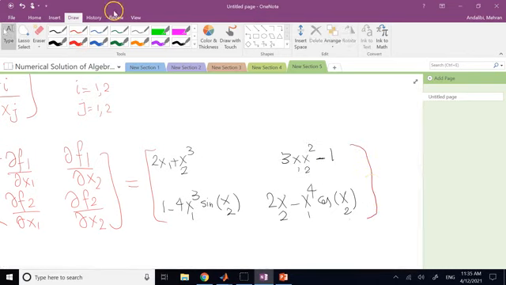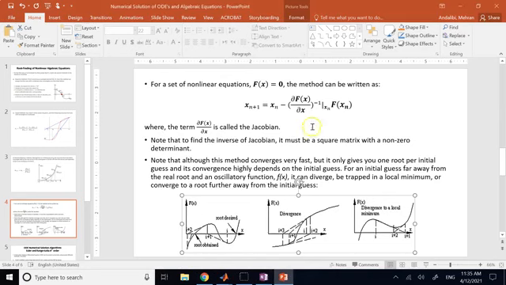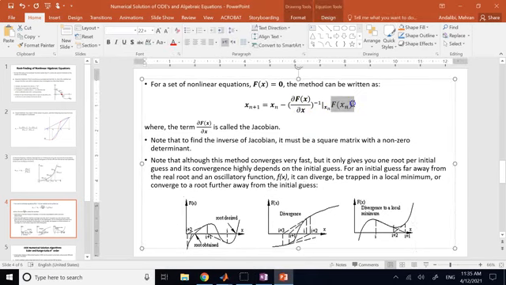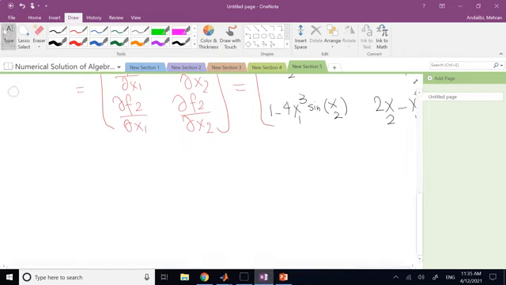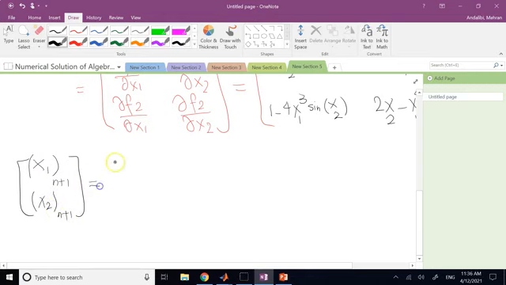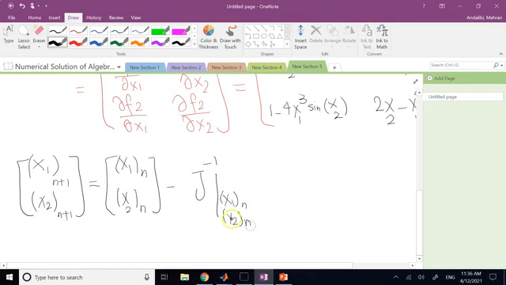And now at each iteration, this matrix has to be evaluated at the current value of x1 and x2, and then inverted, and then multiplied by the vector function. So the update equation will be something like this: the x1 and x2 at the new iteration is equal to x1 and x2 at the previous iteration minus the inverse of this Jacobian evaluated at the previous x1 and x2, times f.